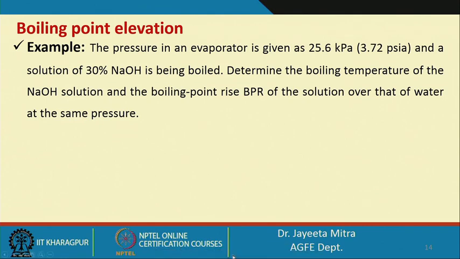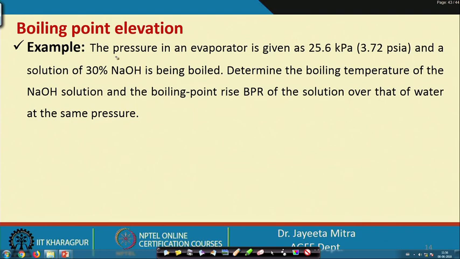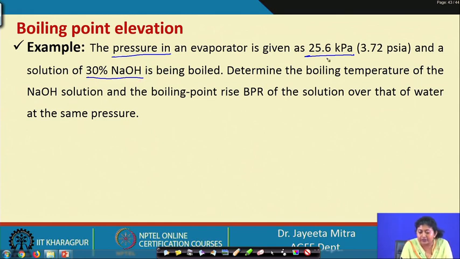What is given here is the pressure in the evaporator and a solution of 30% NaOH. First, corresponding to 25.6 kilopascal, we can find the saturation temperature of pure water, and later we can read from the Duhring plot, for 30% NaOH and the boiling point of pure water corresponding to this pressure, the boiling point of the solution.